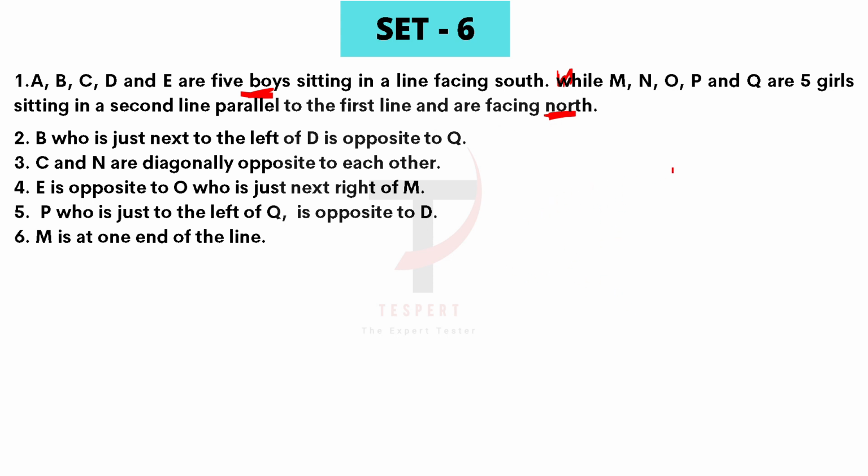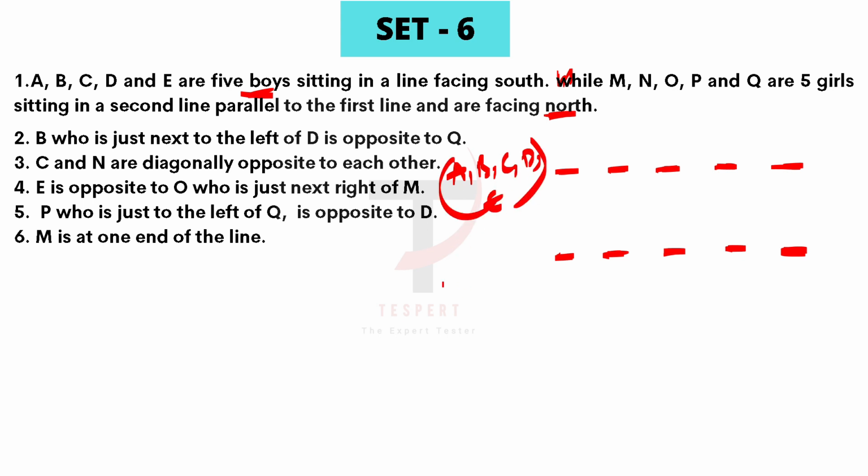So let me write it here. 1, 2, 3, 4 and 5. 1, 2, 3, 4 and 5. So these boys are facing south direction. So these are the boys who are A, B, C, D and E. And who are the girls?